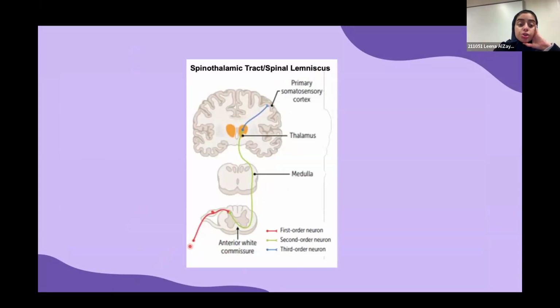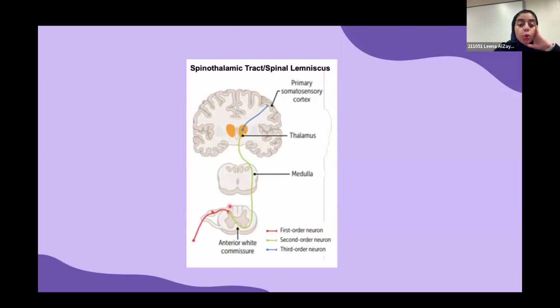So it is considered a sensory tract. You're going all the way from the bottom to the top. You're going from wherever the receptor is, for example on the skin, all the way to the dorsal root ganglion, which is the first order neuron. The second order neuron is in the spinal cord, which is the substantia gelatinosa.